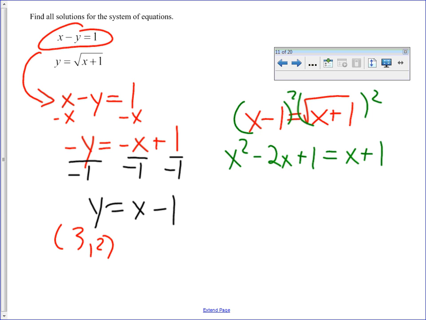You subtract x from both sides, subtract 1 from both sides, and you'll get x squared minus 3x equals 0.